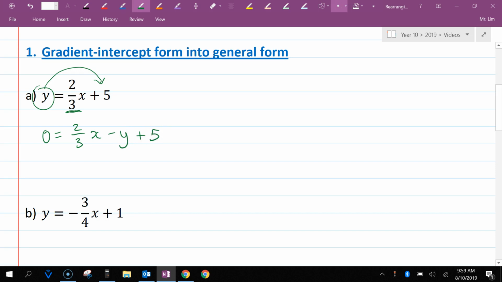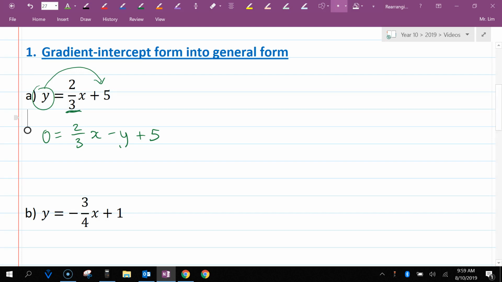Remember, everything that we move will change sign. Anything that doesn't move, the sign stays the same. So that positive y becomes a negative y. So we're almost there. We've actually got 0 is equal to 2/3 of x minus y plus 5.